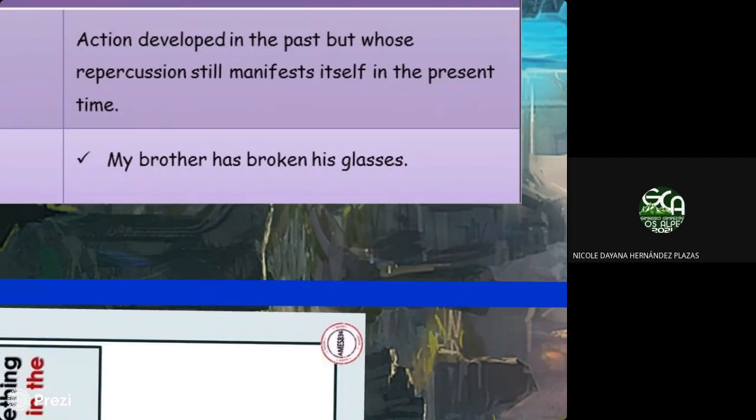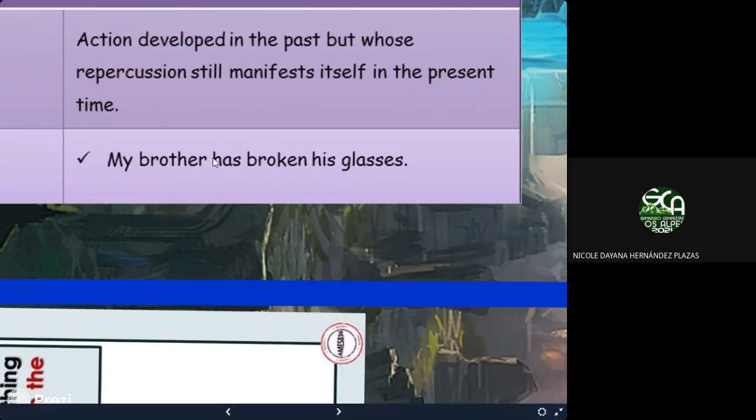My brother has broken his glasses. Se le rompieron. Pero el que no va a ver durante mucho tiempo es el pobre hombre que rompió las gafas. Okay? When you have an action that's finished in past, but you know that you will have a consequence, that's present perfect.